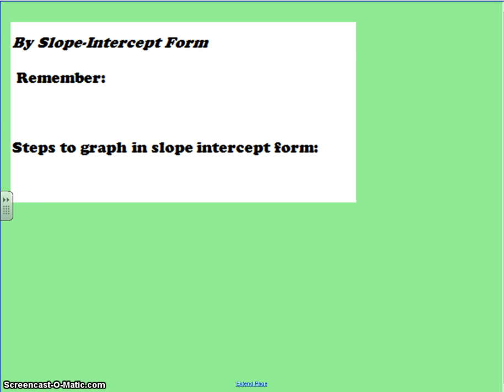All right, when we're going to go ahead and graph by slope-intercept form, we need to remember that the equation needs to be solved for y, and our slope-intercept form should be y is equal to mx plus b.